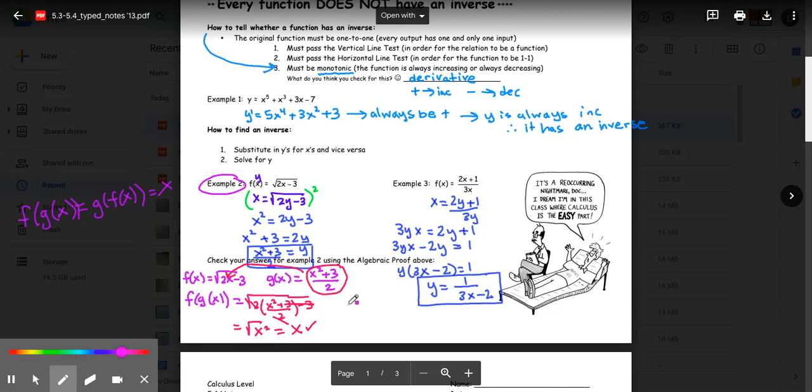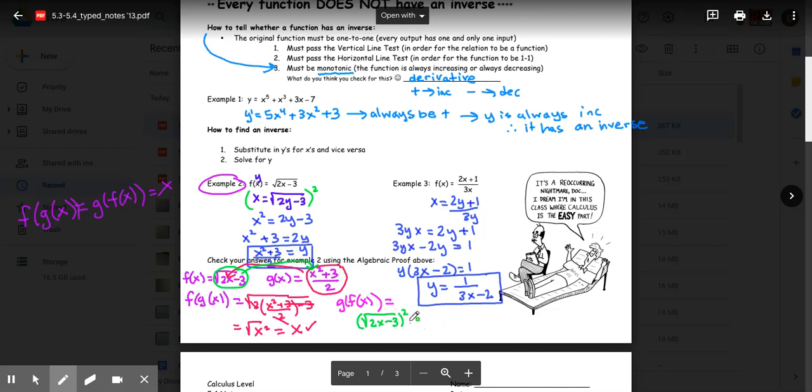All right, let's go the other way. G of f of x. Okay, so now what we're doing is we're taking f of x and we're plugging it in for the x of g. So we're taking the root of 2x minus 3, and when I plug it in for the x in g of x, I'm squaring it.